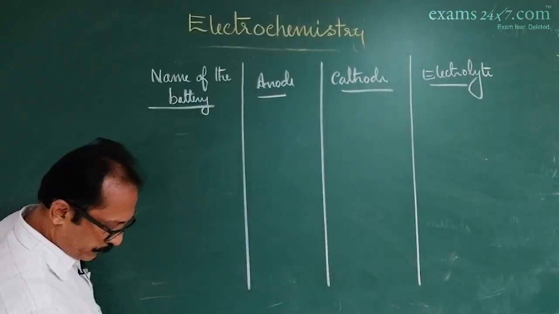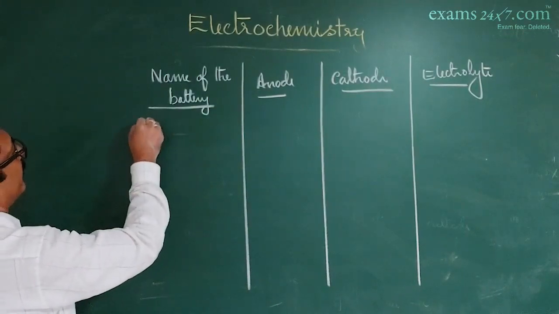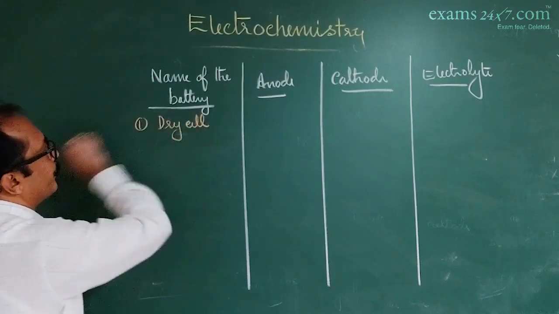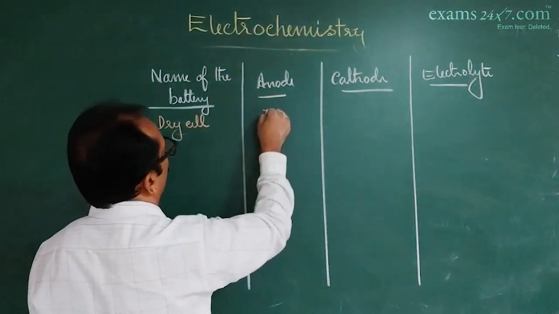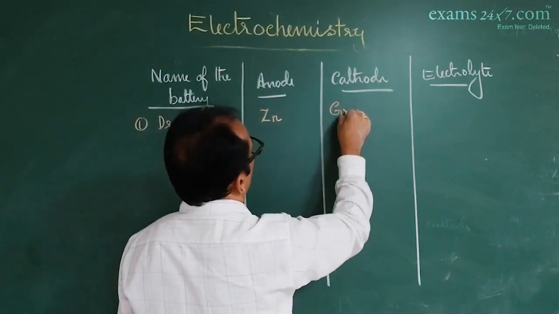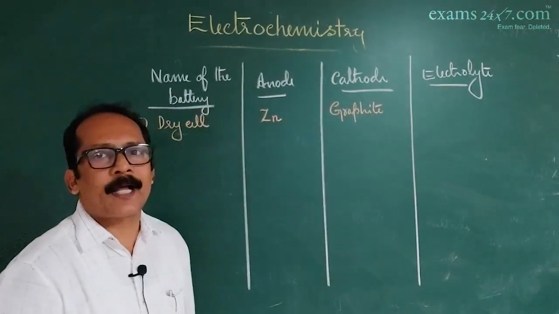See, the first one, the dry cell, Leclanche cell. In the dry cell, the zinc container acts as the anode, and the graphite rod present at the center acts as the cathode.